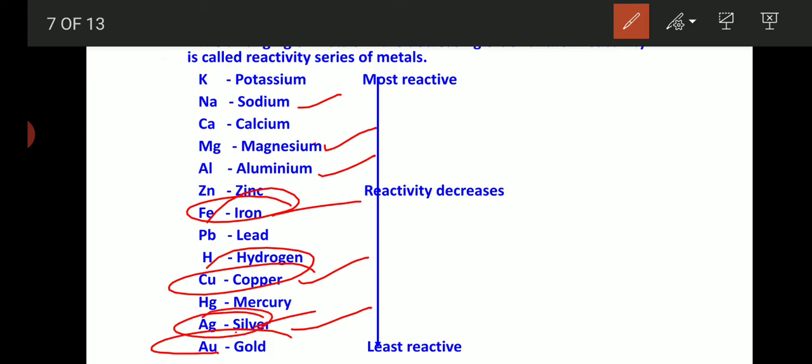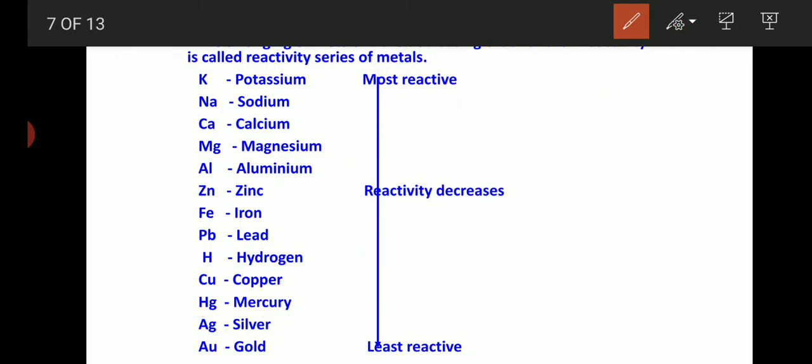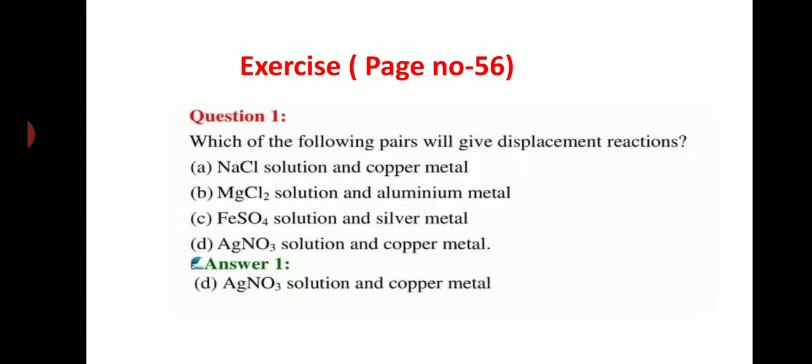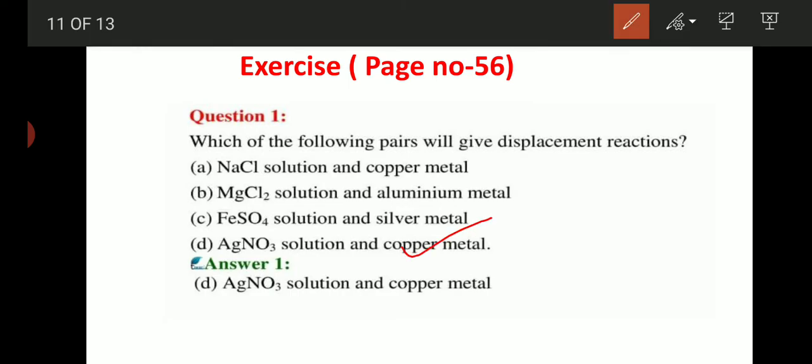So it easily displaces silver from silver nitrate. So the right answer is what? Option D. Option D is the right answer because copper is stronger than silver. It displaces silver from silver nitrate. All the other metals compared to copper, aluminium, silver, sodium, magnesium, iron is strong. So the answer is option D.